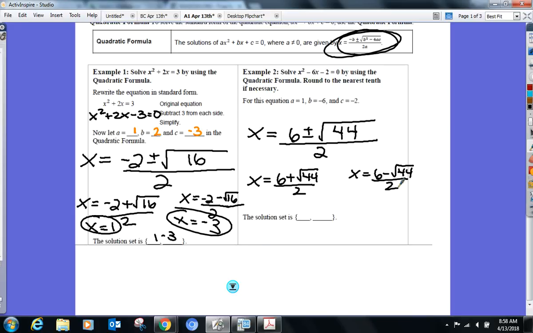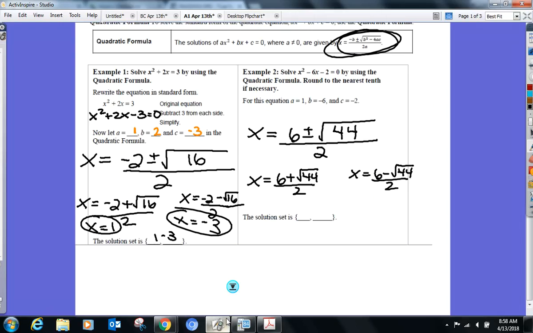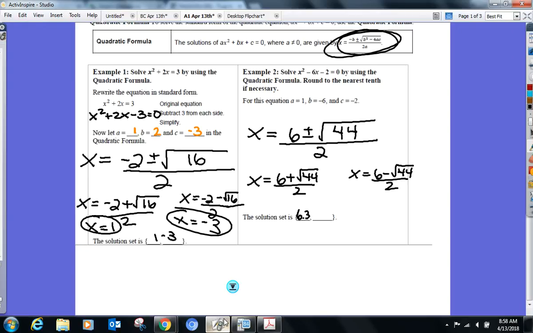One answer only. Positive. There's a positive and a negative one here. 6.3. That's the positive answer. Yep. And then there was also a negative one that you rounded to the nearest tenth. Negative 0.3. Thank you. Okay.